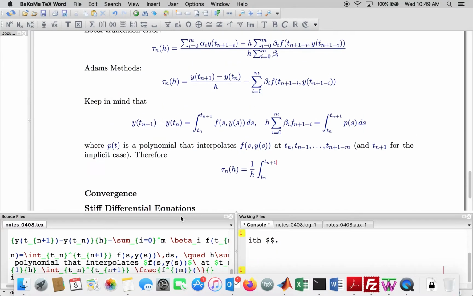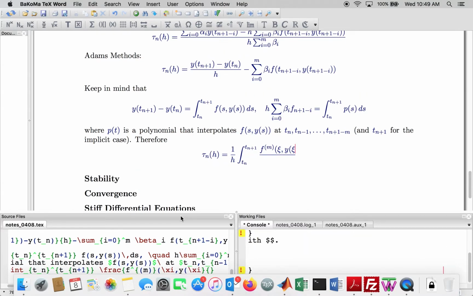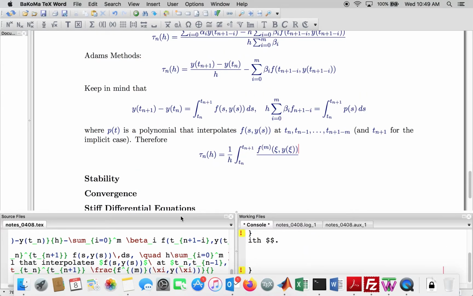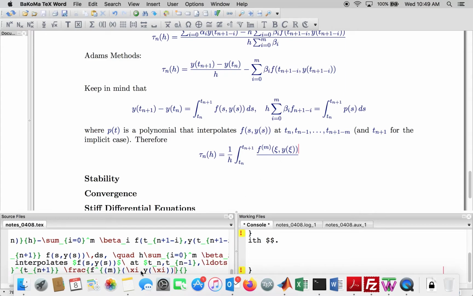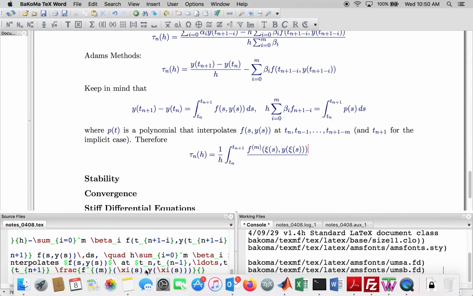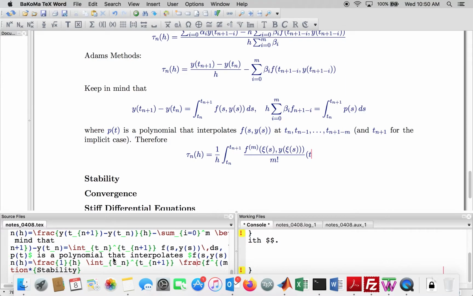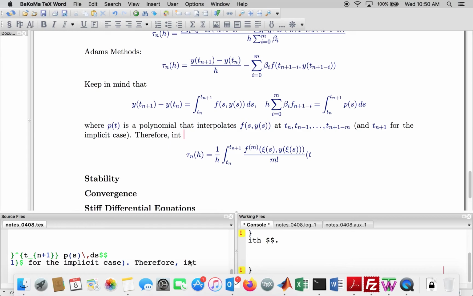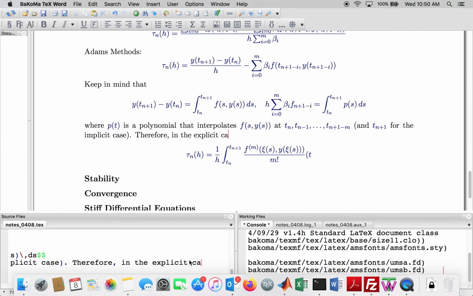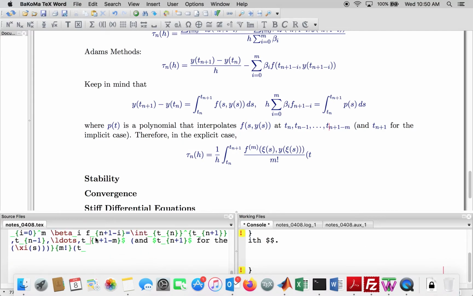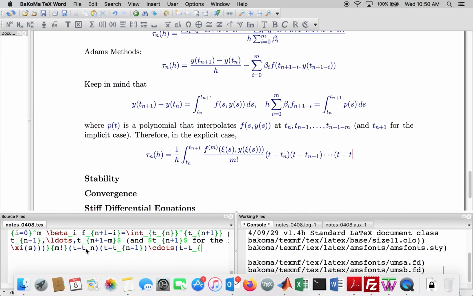The mth derivative at some point c, and c is an unknown point, but it does depend on s, over m factorial, and what we have is t minus tn, t minus tn minus 1, and so on, all the way down to t minus t, sorry, not t, s.